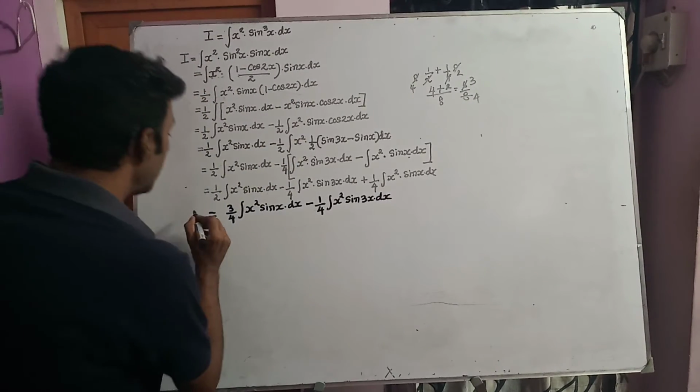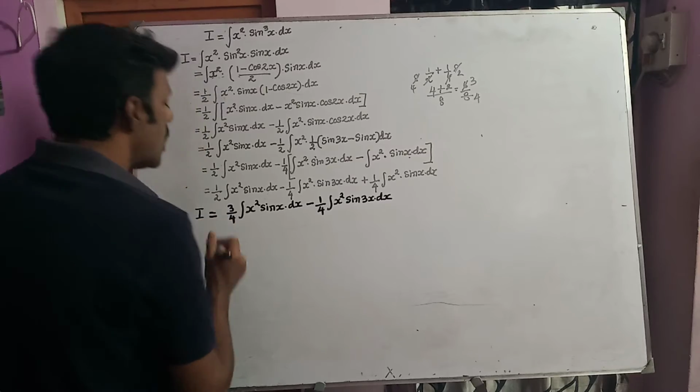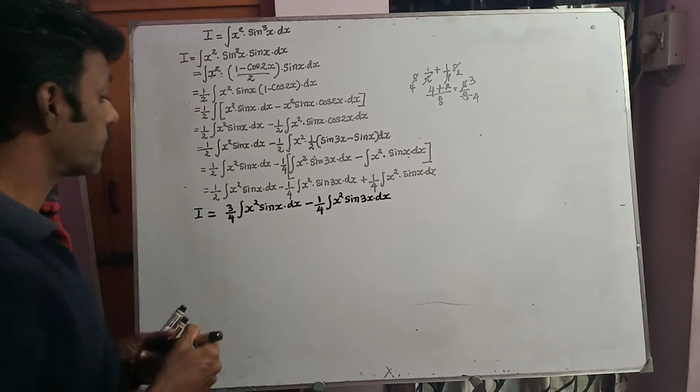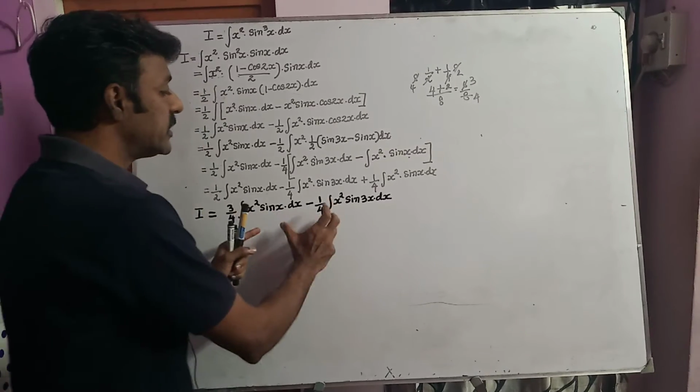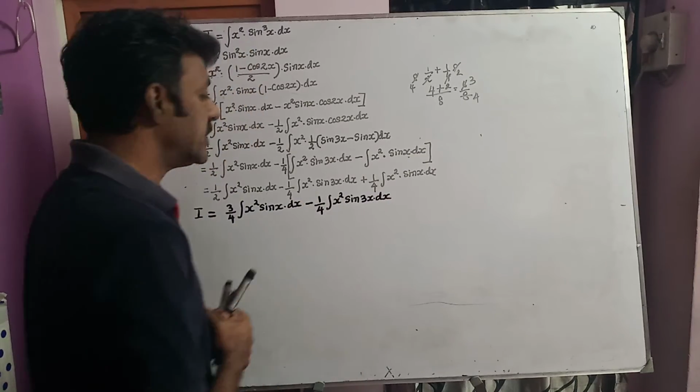So this is the value of I: 3 by 4 into this term minus 1 by 4 into this term.